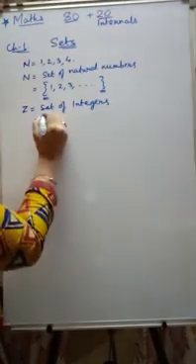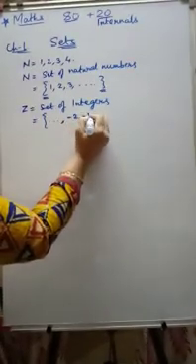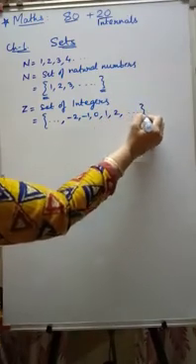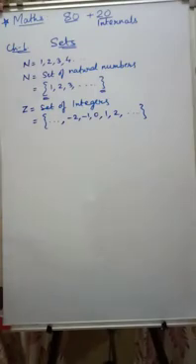So this is the set of natural numbers, and in the same way I have written Z as the set of integers. And how to write integers? Dot dot dot, then -2, -1, 0, 1, 2, dot dot dot. Likewise, you have the set of rational numbers, the set of irrational numbers, and the combination of everything is the set of real numbers. Real numbers consist of all the numbers.